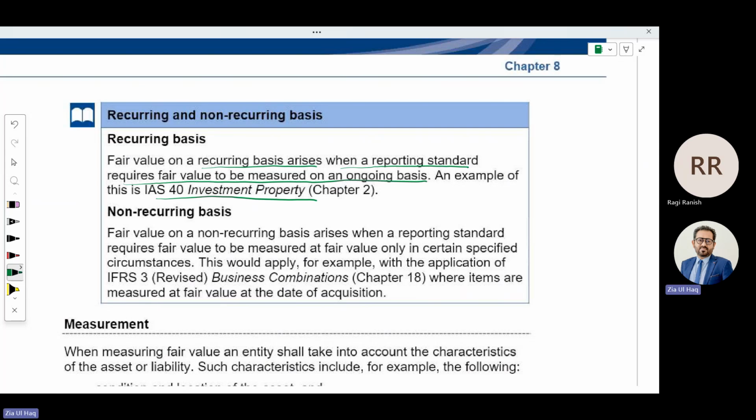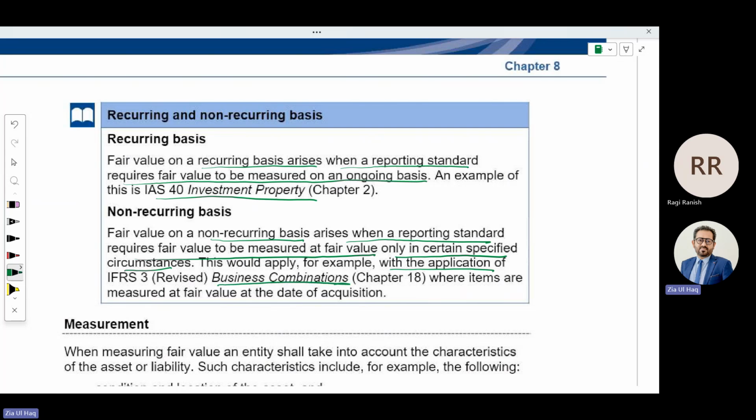What is a non-recurring basis? Fair value on a non-recurring basis arises when a reporting standard requires fair value to be measured only in certain specified circumstances. This would apply, for example, with the application of IFRS 3 business combination, meaning consolidation.